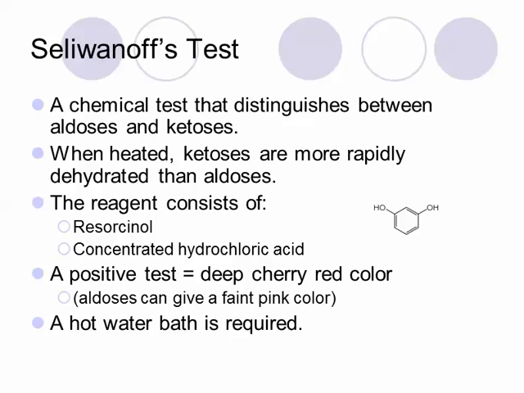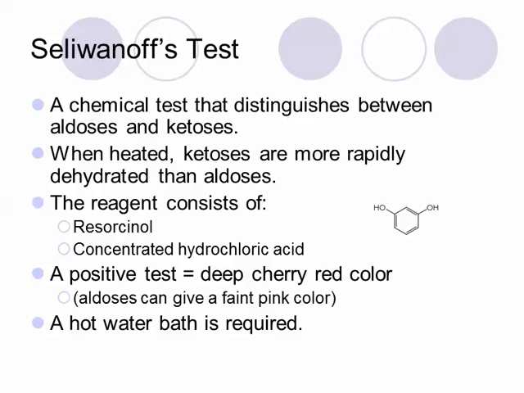The Seliwanoff is very similar. You take the sugar compound, you add some reagent to it, typically resorcinol and hydrochloric acid, very similar to the Bial's reagent. You put it in a hot water bath, you heat those things up, and depending on the speed at which it changes, that will tell you whether an aldose or a ketose is involved.